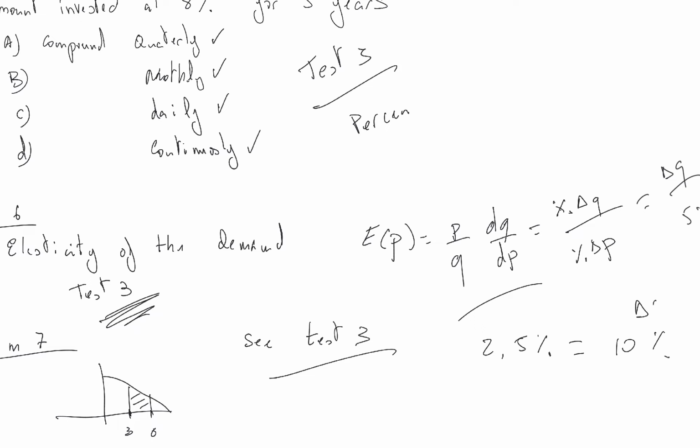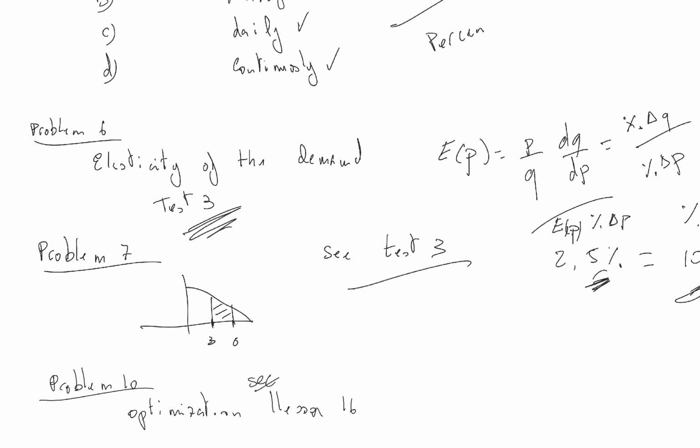So the change in Q in percentage will be equal to the elasticity at this price multiplied by the percentage of the change in the price, 5%. So if you change the price by 5%, you will lose 10% of the quantity you sell.